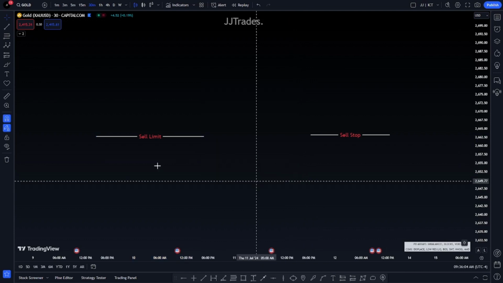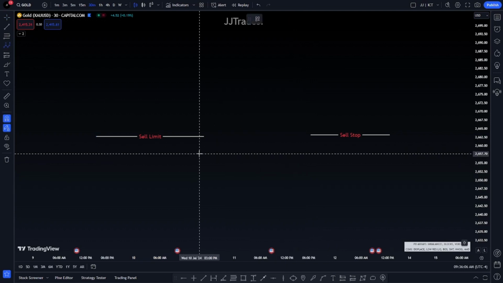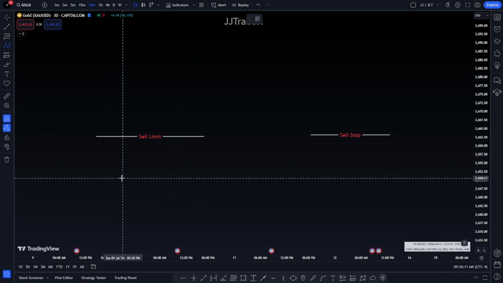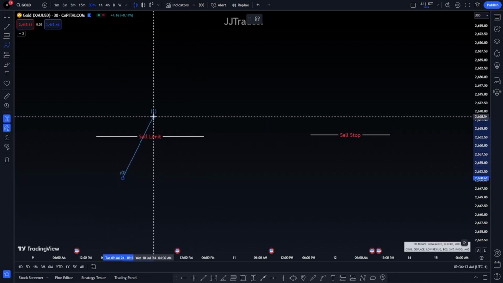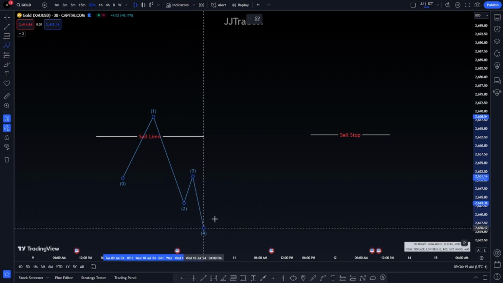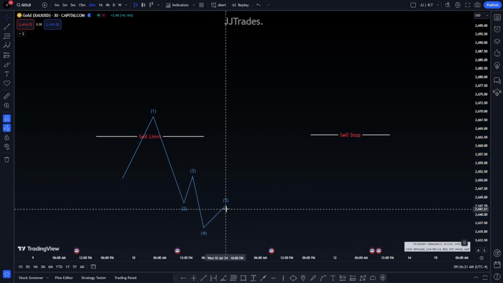Sell limit, okay? So for a sell limit, what price has to do is it has to come up into your pending order price, and then later it will go below it, putting you in profits. And then it'll just continue trending lower. See that?